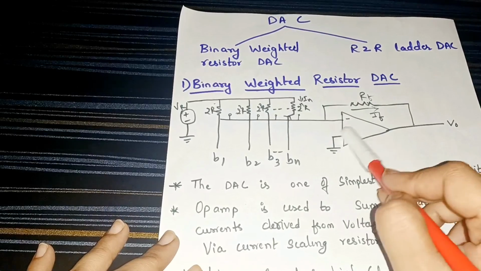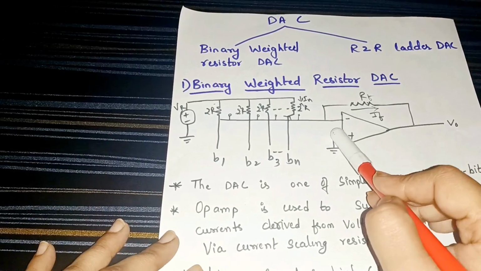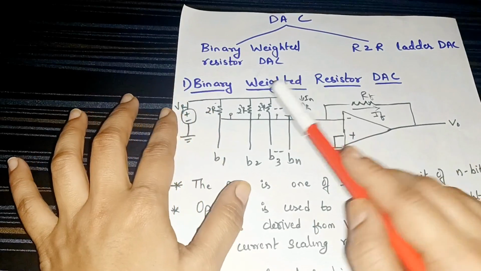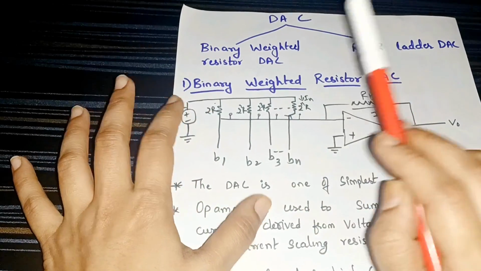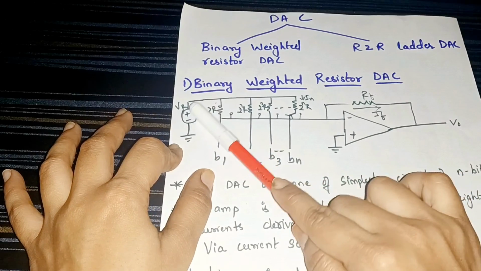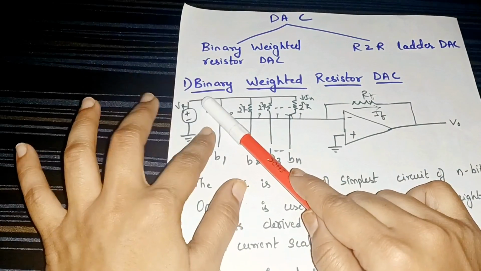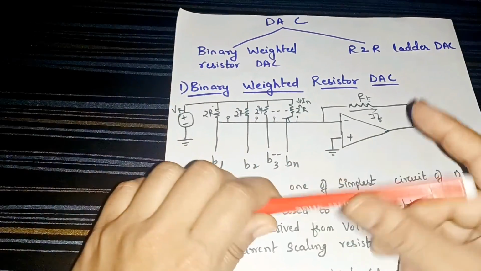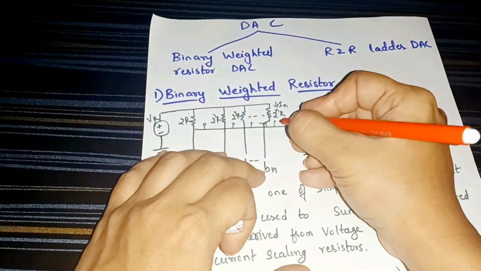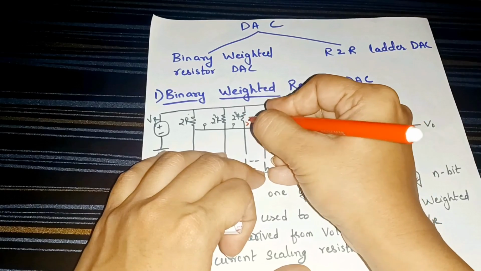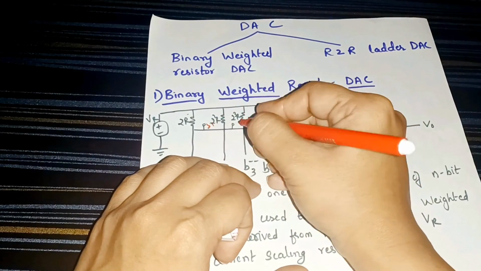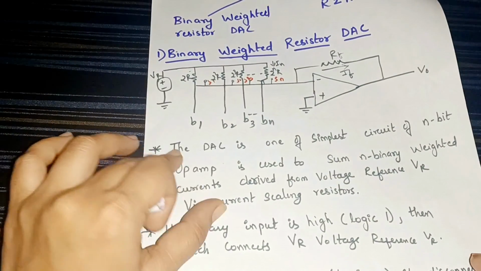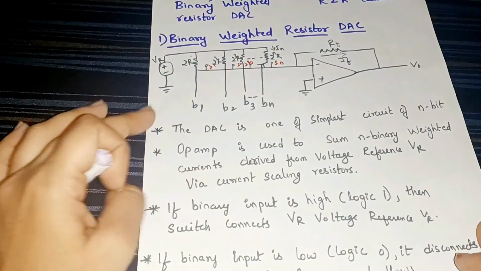The non-inverting terminal is given to ground. We also give the voltage reference as input, which is connected to all the resistors and binary digits in parallel, and all have switches. So we have n switches, independent for each binary digit. The DAC is one of the simplest circuits of n bits.